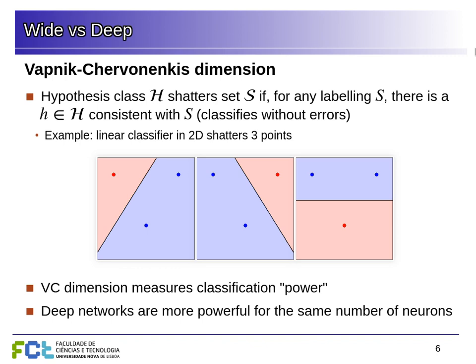So, for example, consider a set of 3 points in a triangle like this. We can say that the set of all straight lines shatters this set of examples, because for any labeling that we assign the 3 points, we can find a straight line that separates the two classes correctly. So we have one trivial case where they're all blue.